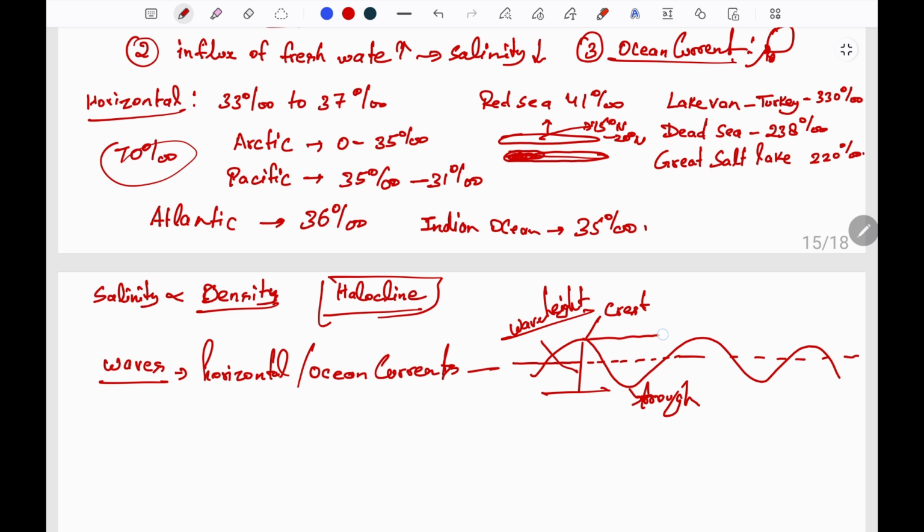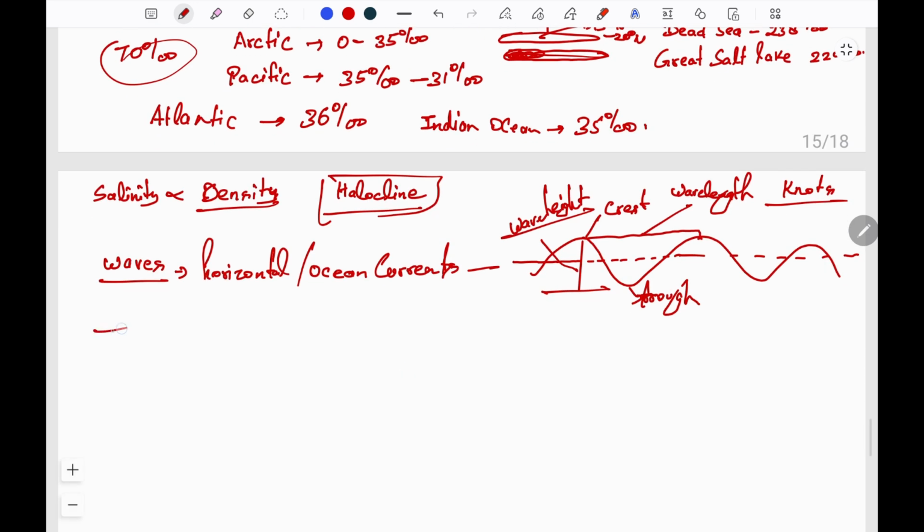The distance between two successive crests is known as the wavelength. Speed of the wave is measured in knots, and wave frequency is the number of waves passing through an area per unit time.